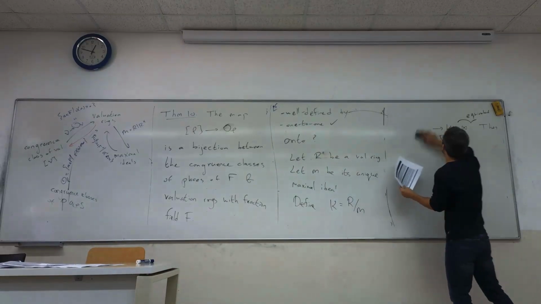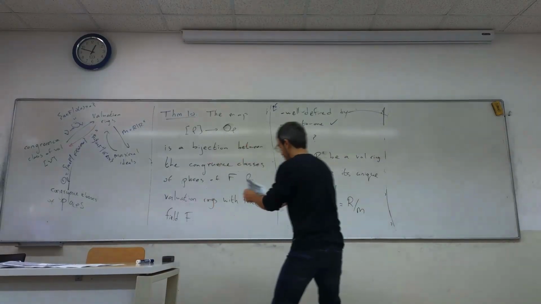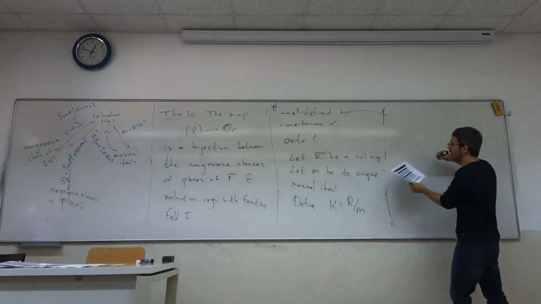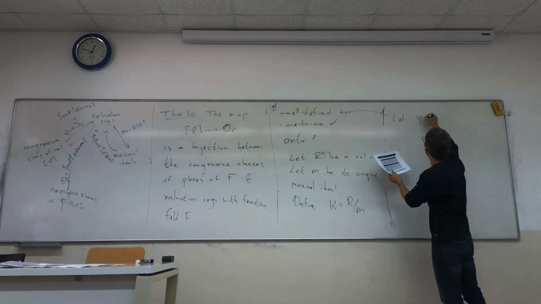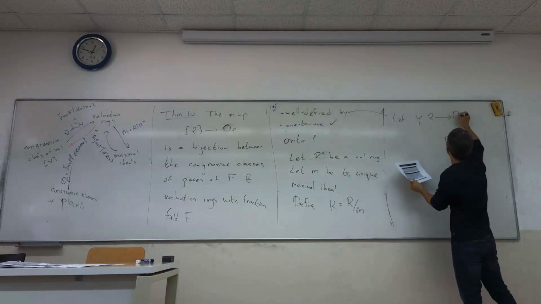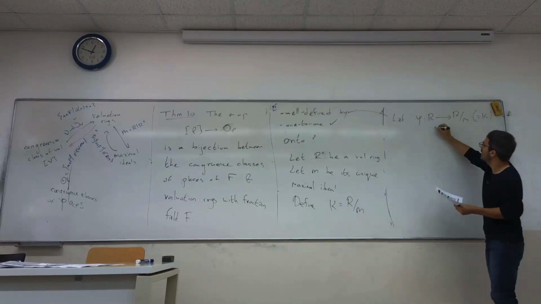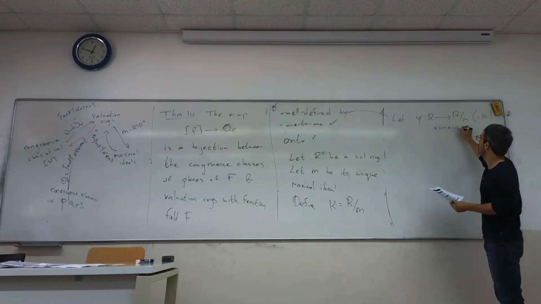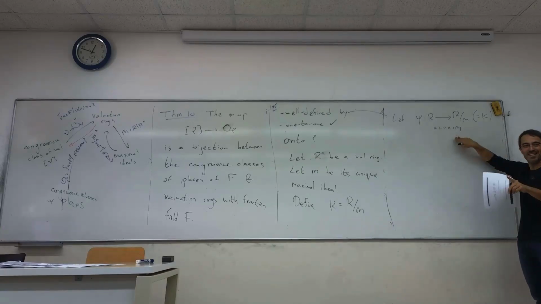And then from this, I'm going to get the place. Like in the example, we start by letting psi be the projection map from R to K. An element is sent to its coset. That's evaluation of polynomials in a sense, right?